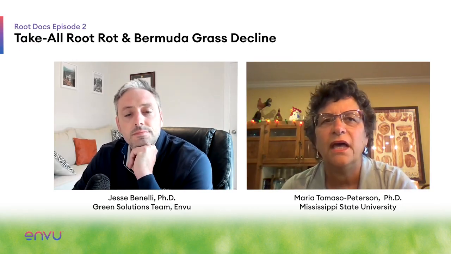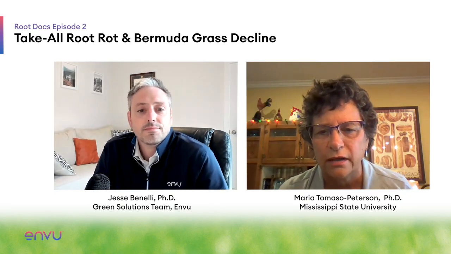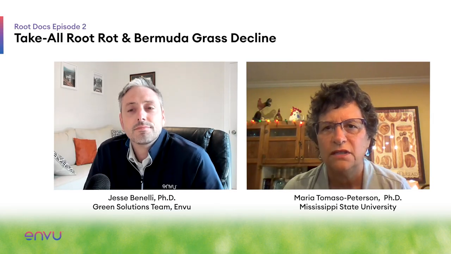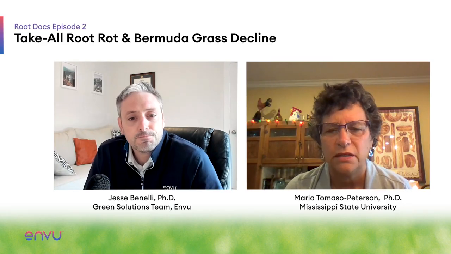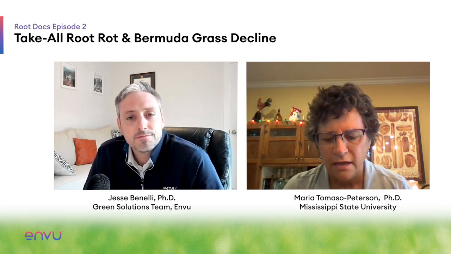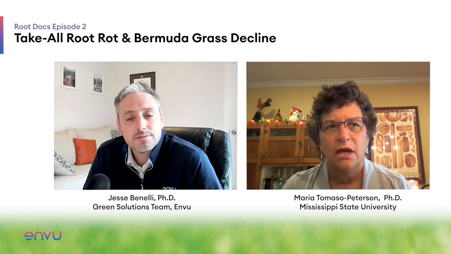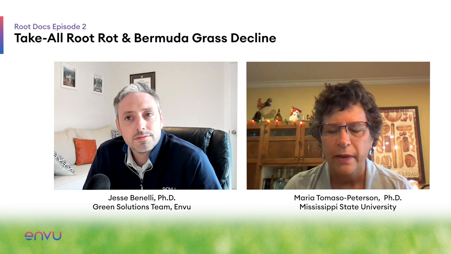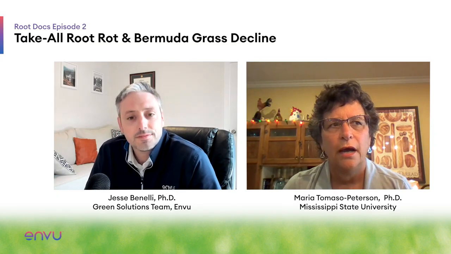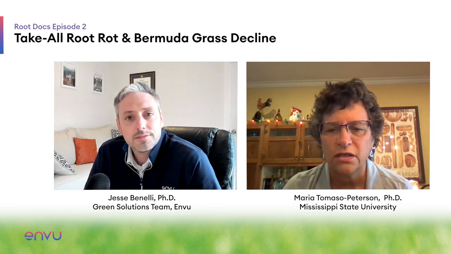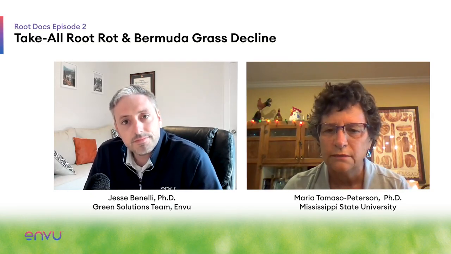And then in '91, Monica Elliott characterized Bermudagrass decline, the disease, and identified the causal agent as Gaeumannomyces graminis. Then, as she continued to work with that fungus in warm season grasses, they found the same pathogen, Gaeumannomyces graminis, or GGG as we called it, infecting St. Augustinegrass, causing chlorotic patches, and she called that take-all root rot.